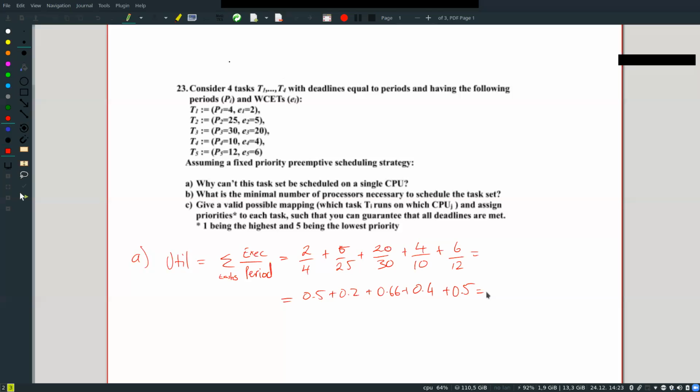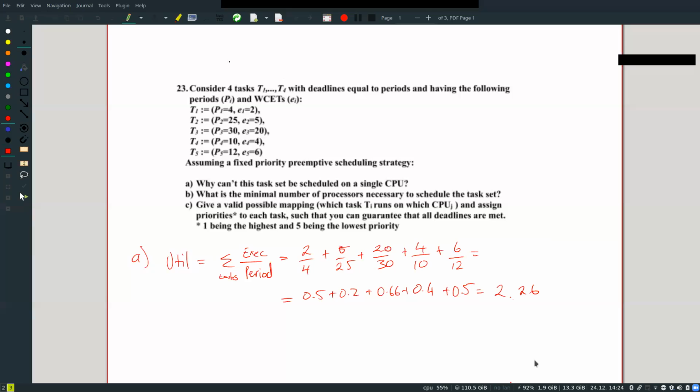And so what's this going to equal up to? Sorry, I've got to miss. So it's going to be 2.26.